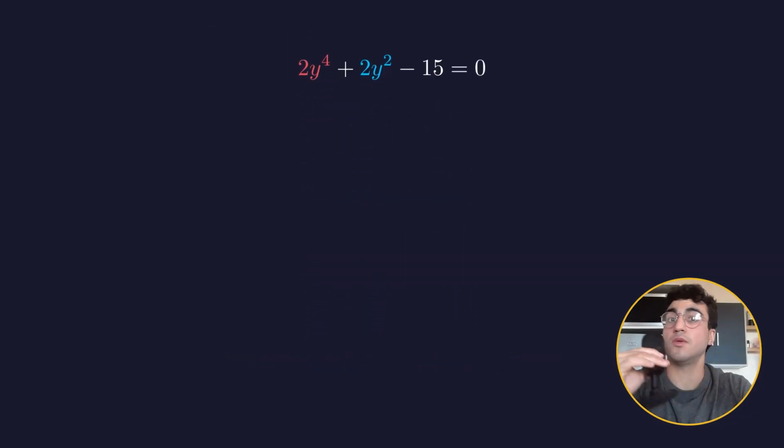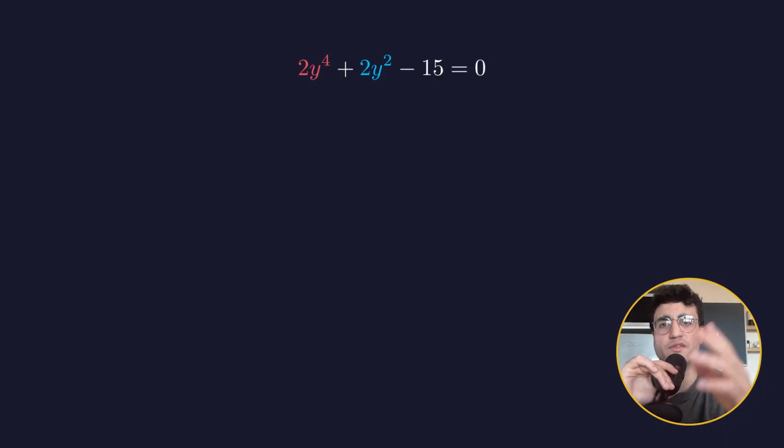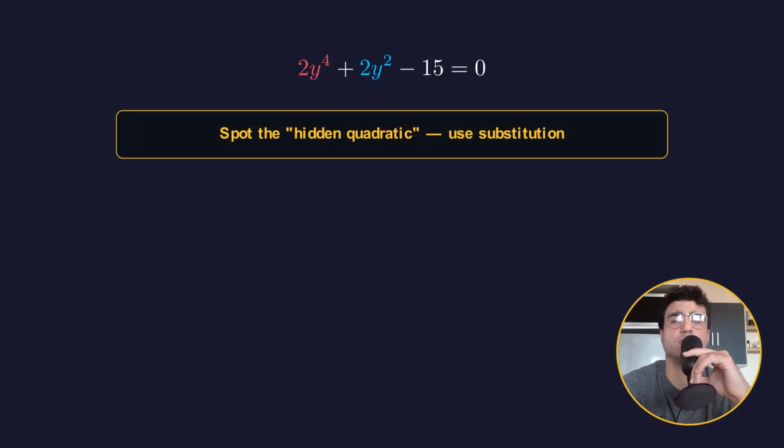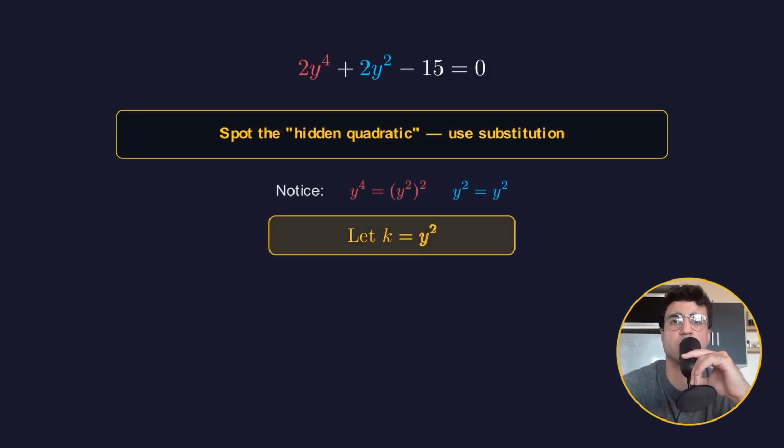And we showed them that we do, because all we did here, and this is all you need to do for all types of scenarios, when you have y to the 4, or let's say x to the half, we're going to use a k substitution to make things easier for ourselves. In this scenario, we let k equal y squared, and that allowed us to solve this like a normal quadratic.